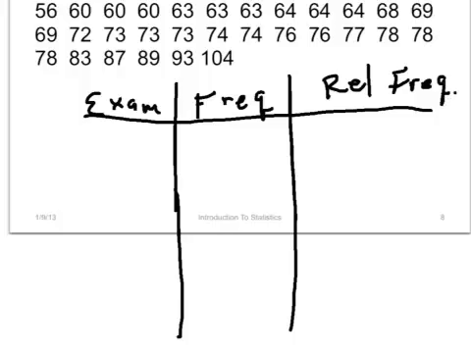Okay. So to bin the data up, we have to have a starting point. In this case, the lowest value is 56. That's a straightforward starting point, but it doesn't have to be the lowest value. If I wanted, I could go to 55 or 53 and choose that.